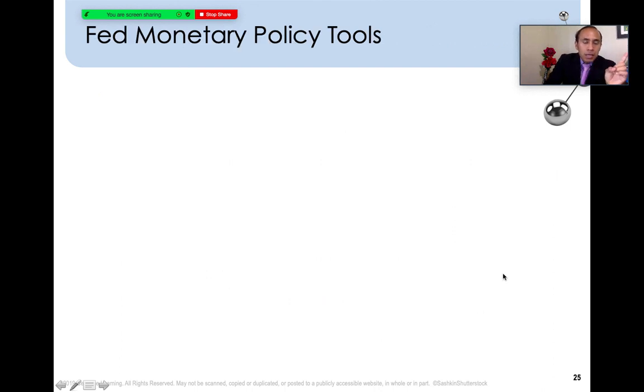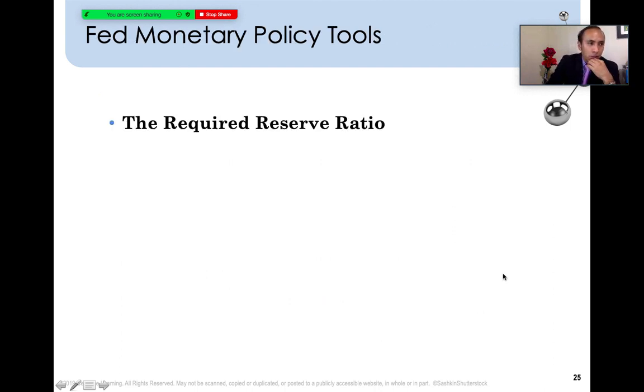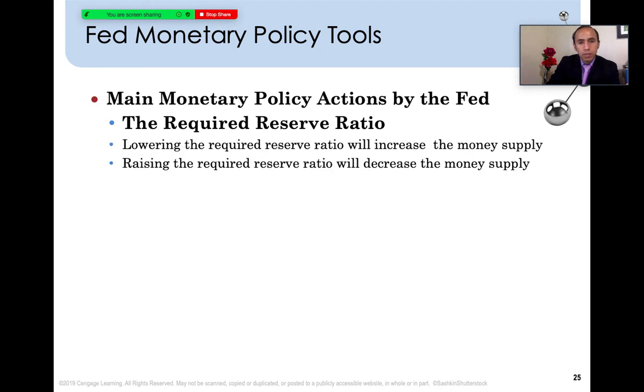Now, the Fed has important monetary policy tools, and it has the required reserve ratio, which means that it can lower the reserve ratio to make it smaller so the banks can lend more. But that puts them in a very severe situation because they keep low reserves and have a lot of loans.